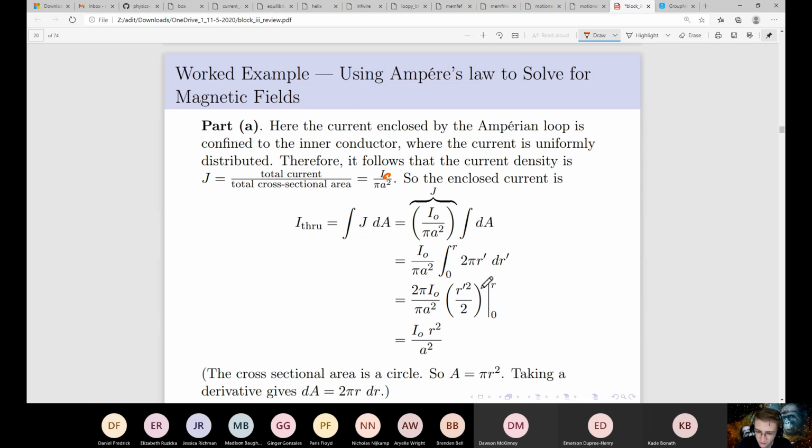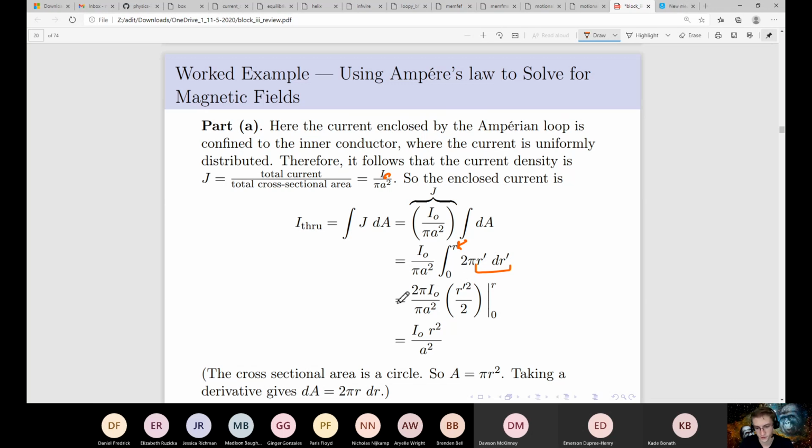But just to distinguish it from a variable of integration, I'm going to put little primes on the other r's. Those primes don't really mean anything. They're just meant to distinguish the r that's my upper bound, the limit of where current is being enclosed. It's not being enclosed past my Amperian loop. These little r primes are just variables of integration. They're just going to go away.